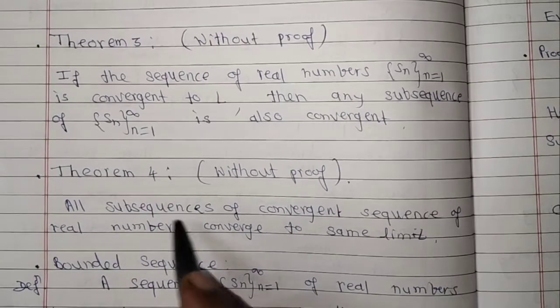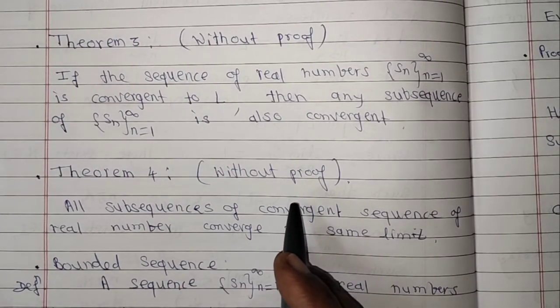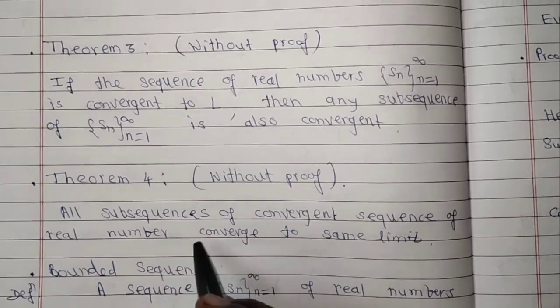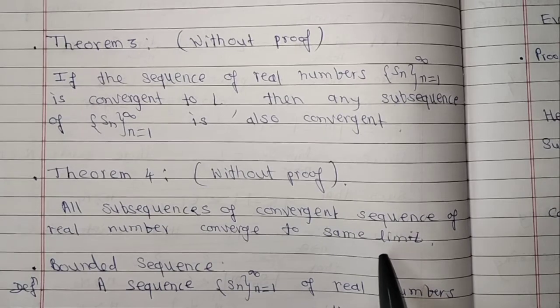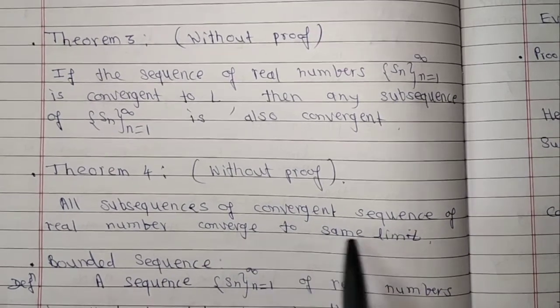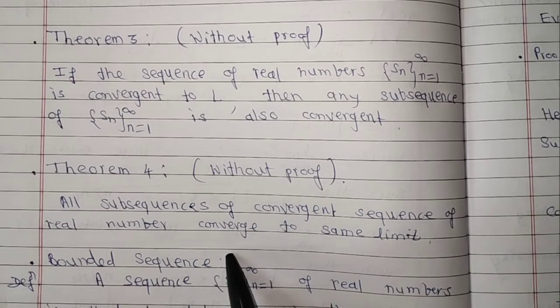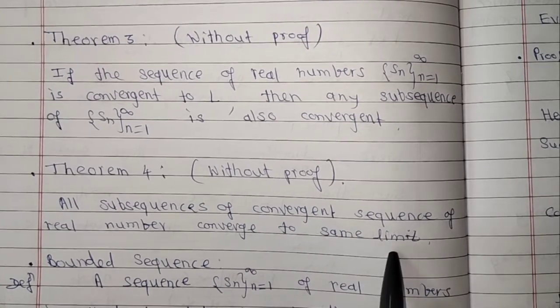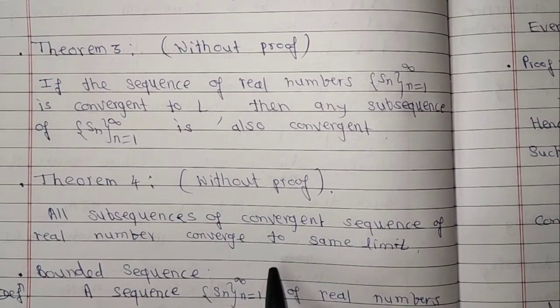That means if any sequence Sn converges to L, then subsequences of this sequence Sn also converge to the same limit L. This theorem is also without proof.